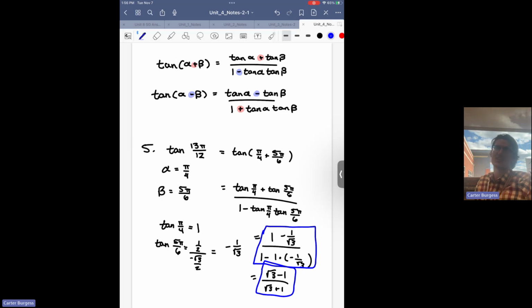I will leave that as an exercise to the reader to figure out how to simplify from here to here. Good practice, especially with some of the identities that we'll have to do.